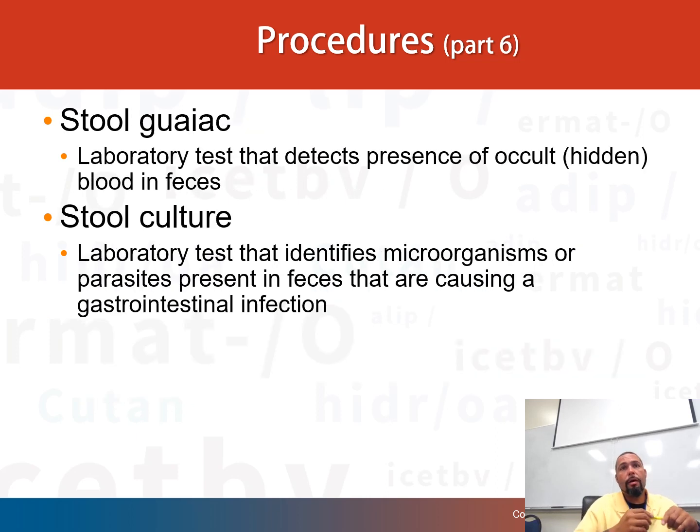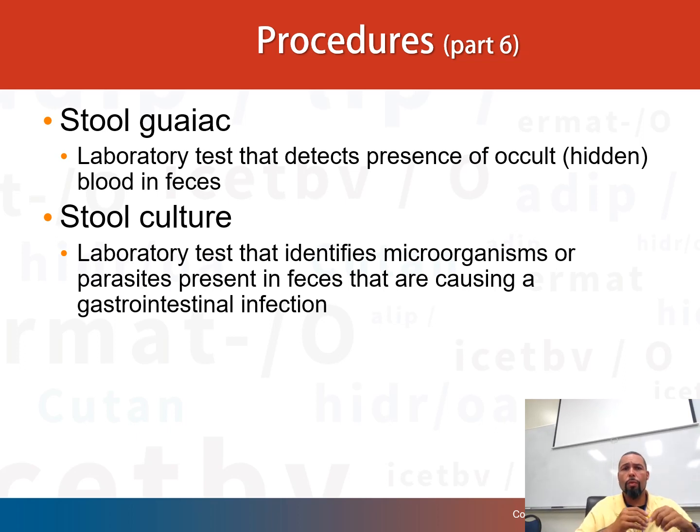Since we're on the topic of the colon and the rectum, there are some procedures that are in place to help us diagnose issues using the stool samples of a patient. So for example, the stool guaiac test is a lab test that detects the presence of hidden blood within the feces.